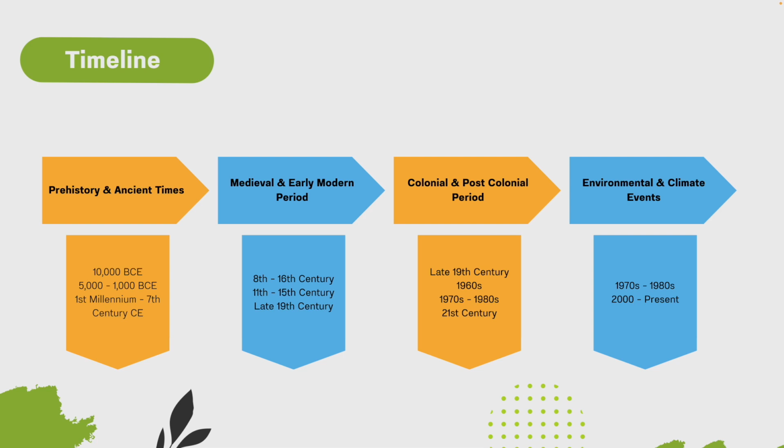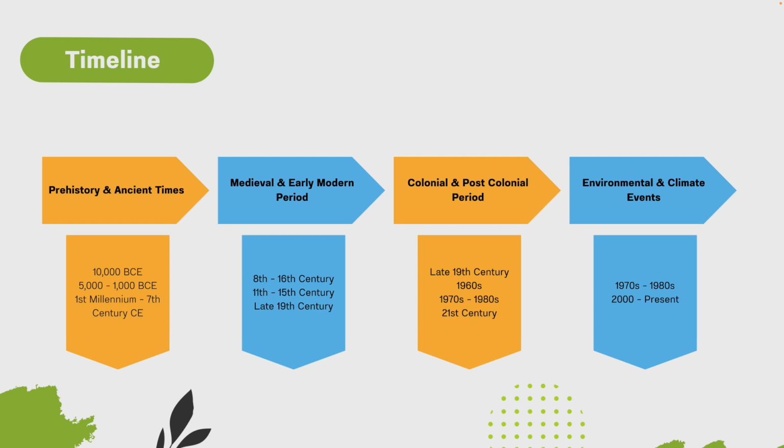So in the colonial and post-colonial period, between the late 19th and early 20th century, European colonization disrupts traditional societies and economies in the Sahel, leading to resistance movements and the imposition of colonial rule. Then in the 1960s, many Sahelian countries gained independence from colonial rule, leading to the formation of modern nation states.